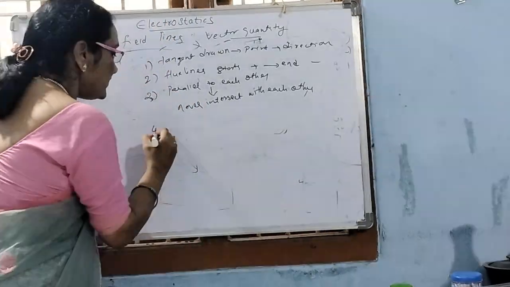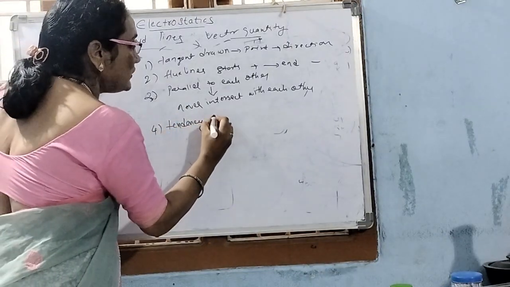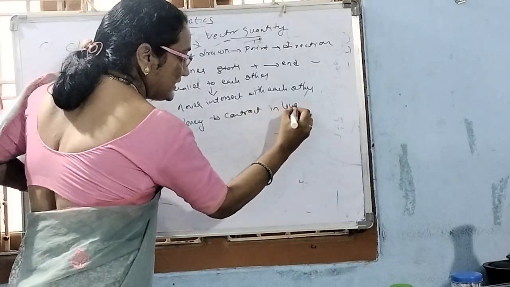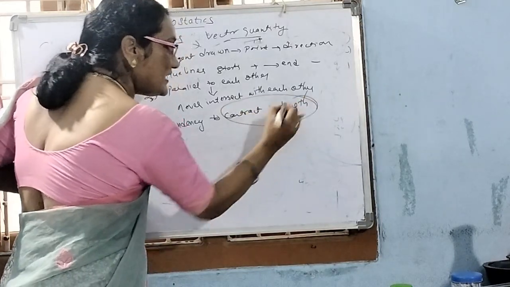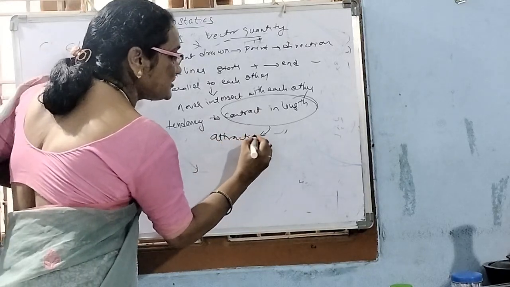Now next, the flux lines have a tendency to contract in length. Contraction in length indicates the attraction between the two charges.